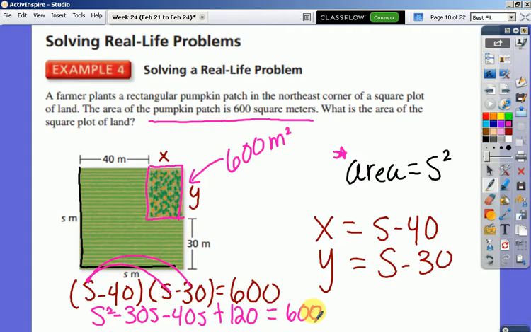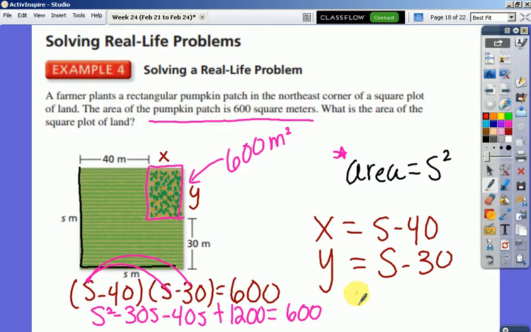You're right, 1200. Are you with me so far? So now what do we have to do? We have to combine our like terms, subtract 600 from the other side, and then factor it. Well, you want this to be 0. Okay. So, go ahead and combine these, 30 and 40, which will be 70.